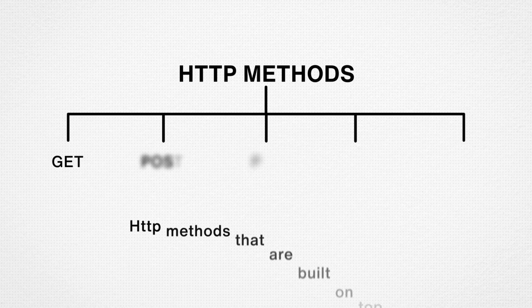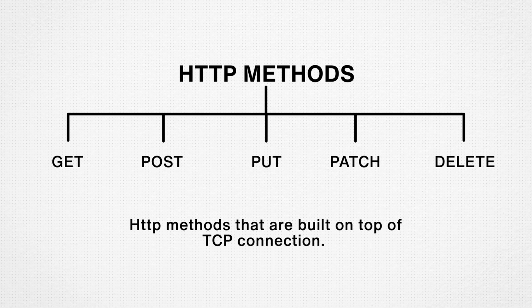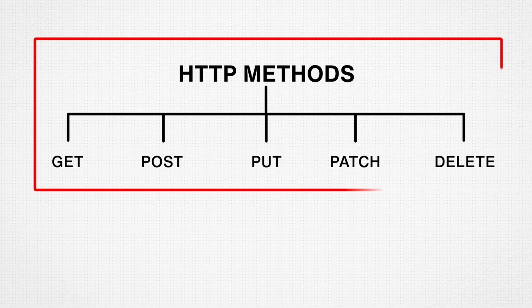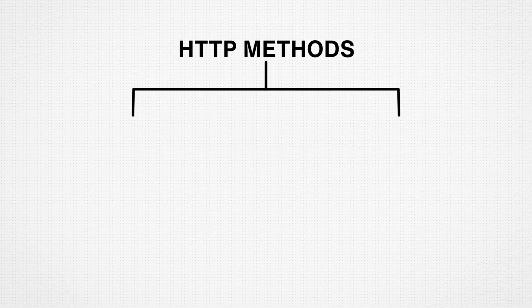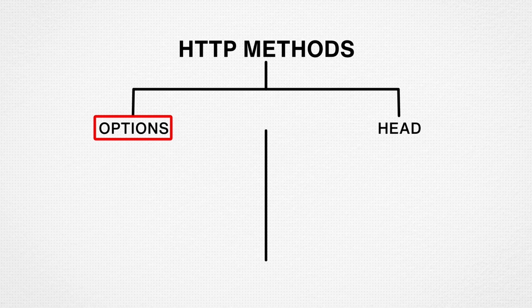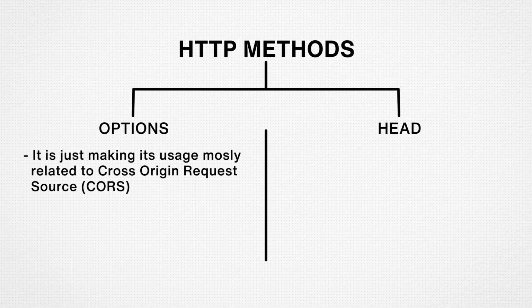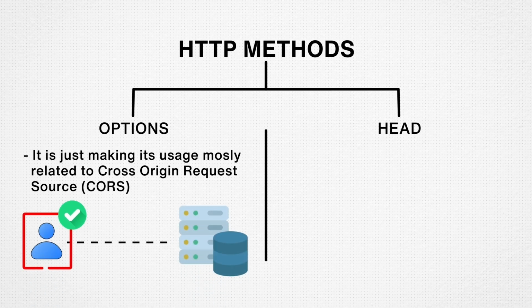Those are our main 5 HTTP methods that are built on top of a TCP connection, and they are the methods that are mostly used. Also 2 other methods, which are options and head. Options has its usage mostly related to cross origin requests, I believe, where you make sure that you're the person who's actually requesting the data.